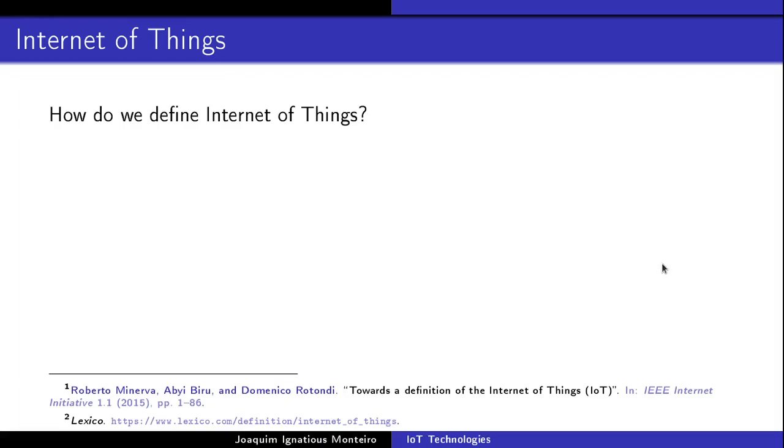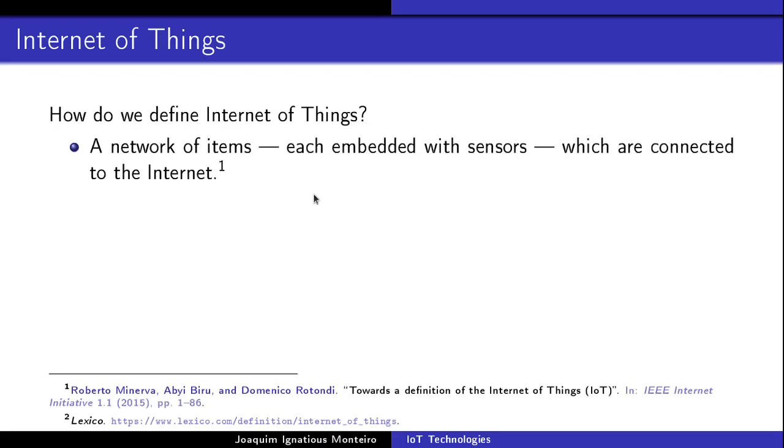Okay, there are a variety of definitions. Coming to Internet of Things, IEEE has a definition for it. This is also a definition which is evolving, and this particular definition says it is a network of items, each with embedded sensors, which are connected to the internet.